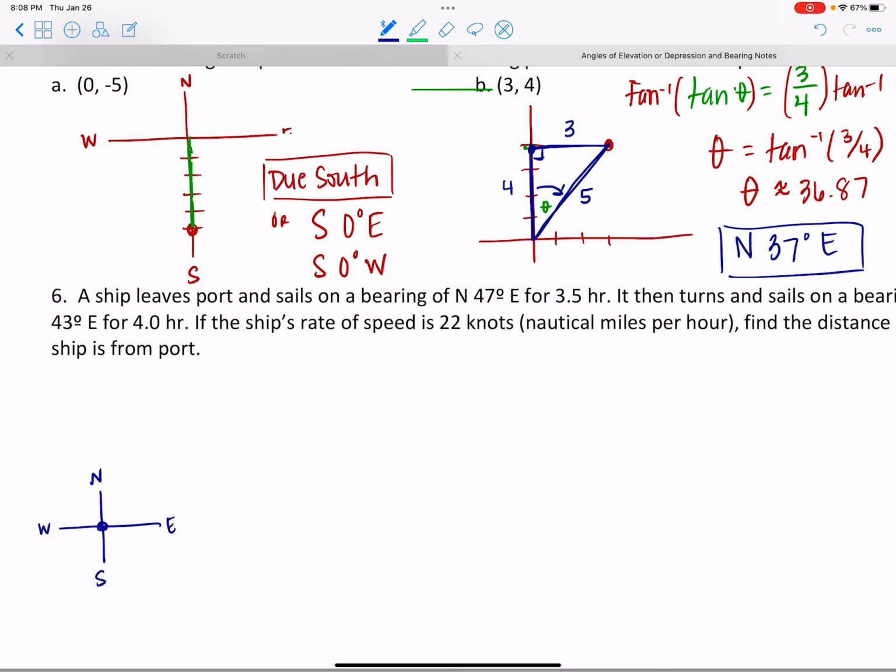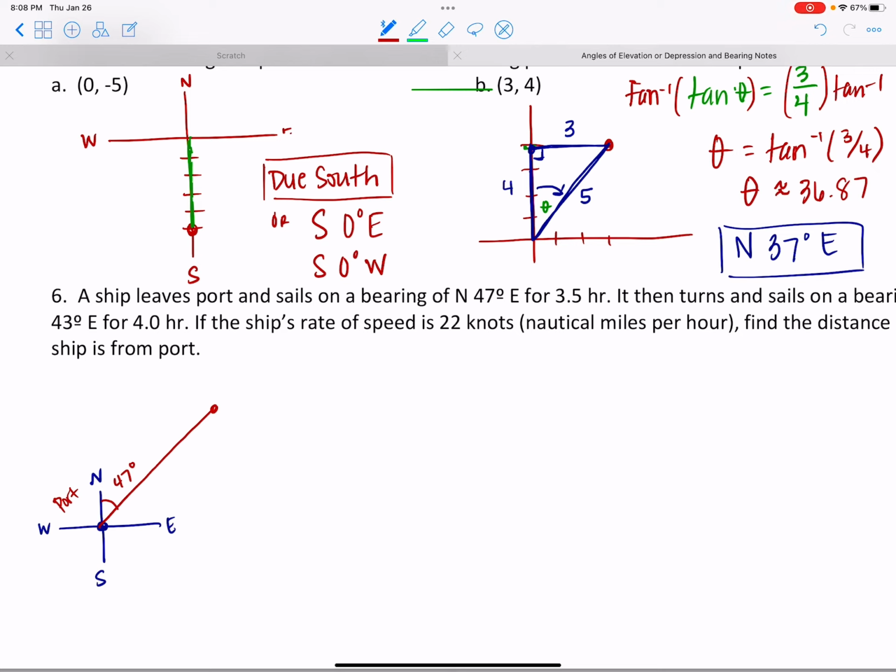Okay, there's my port at the origin of this thing, and it says it's going to sail away from that port on a north 47 east bearing. Okay, so then my angle is going to be created here, starting at the north and then rotating 47 degrees, and it's going to go out there for 3.5 hours. I don't know how long that is, but let me just draw this here. So again, this is a 47 degrees, and I rotated toward the east.